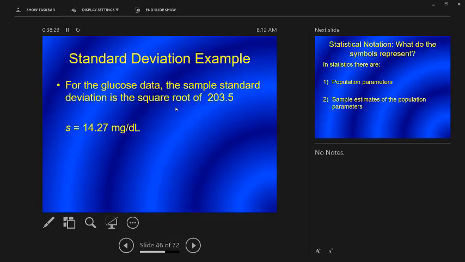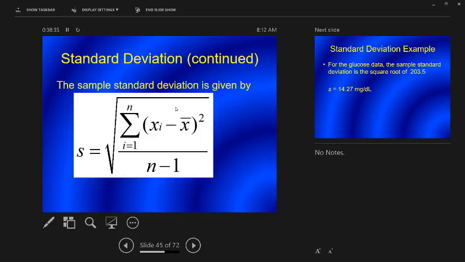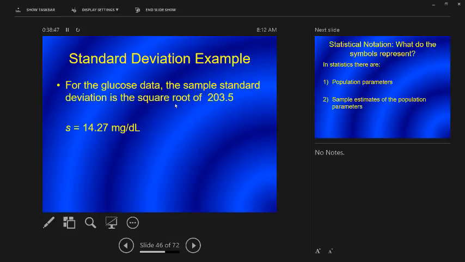And why is the standard deviation such a popular method? Well, for one, it puts your values back into the original units, because when you're computing these squared differences from the mean, all of the units get squared. So it would be like milligrams squared per deciliter squared for the glucose values. But then we take the square root of all that, and now we're back in our original units.